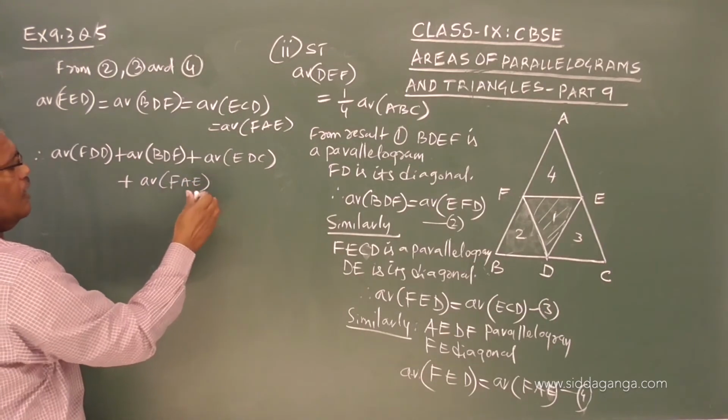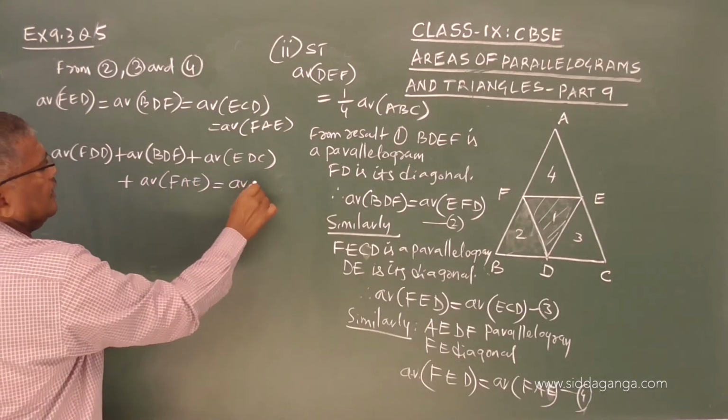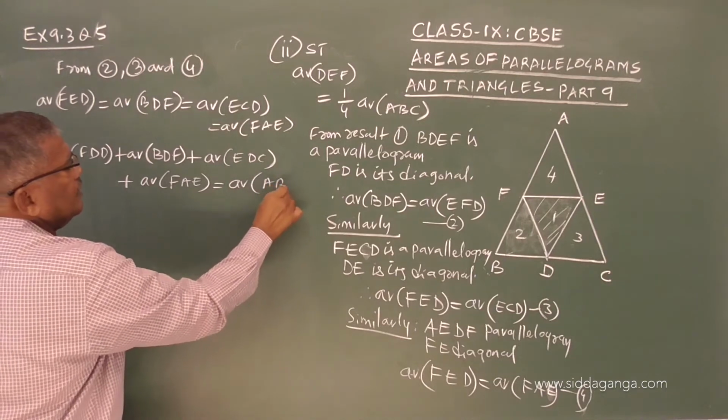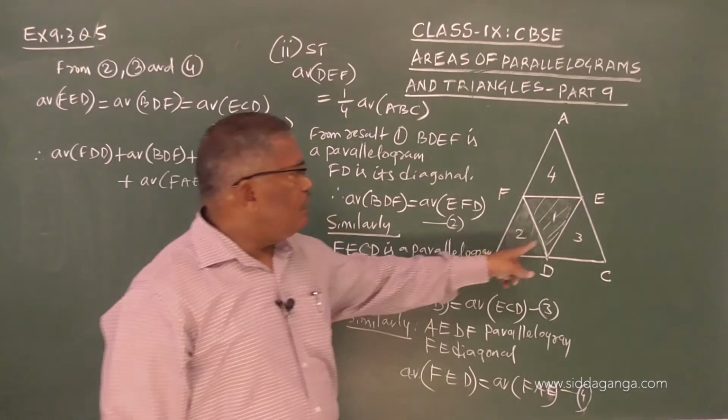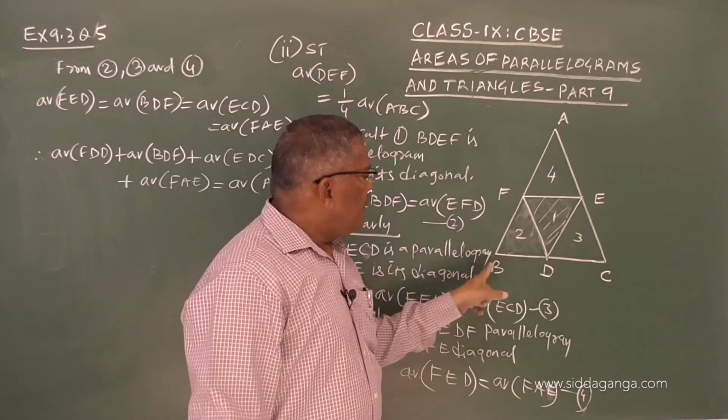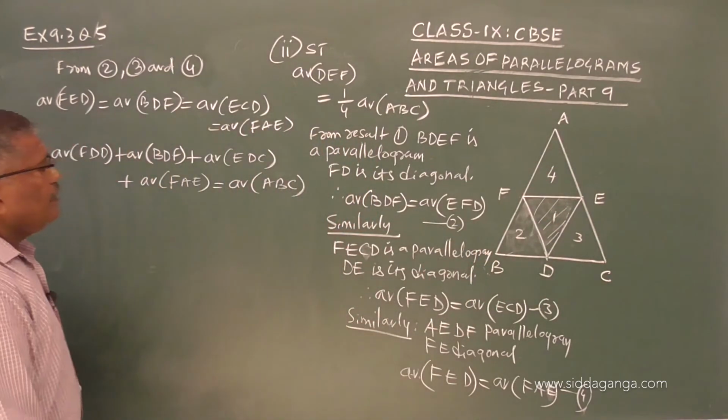So if I add all the 4, you will get area ABC. It is very clear from the figure. If you add all these 1, 2, 3, 4, you will get area ABC.